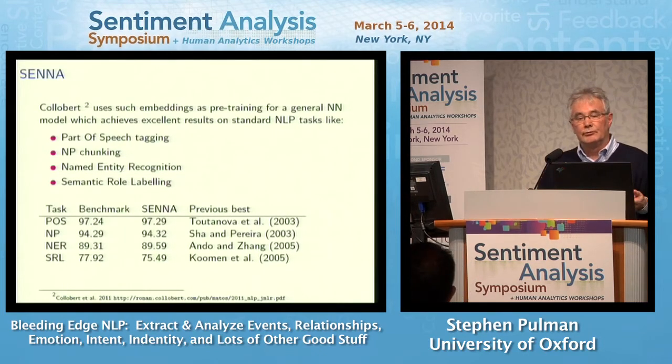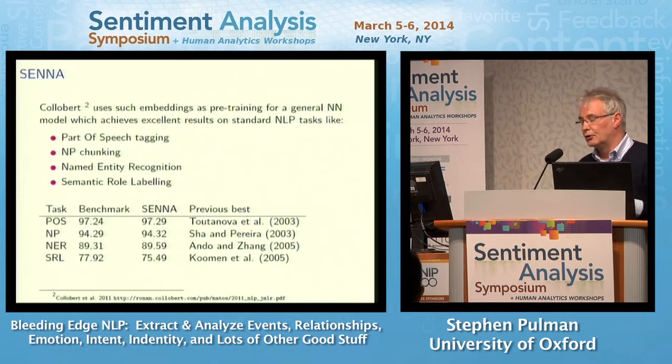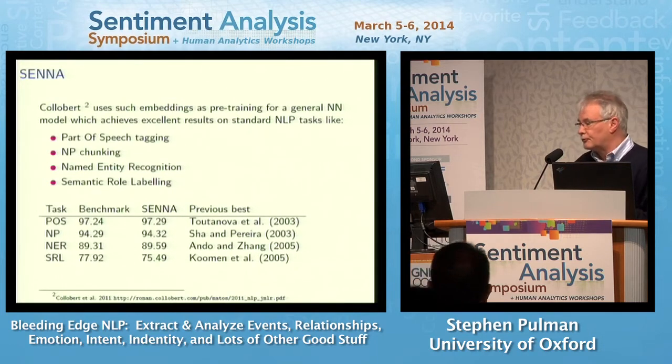And semantic role labeling is this thing, the agent of the verb, or the patient of the verb, or the instrument, and so on. And on the benchmarks that they chose to compare themselves against, which were other machine learning methods, you can see that there are some small but useful improvements on 3 out of 4 of those tasks.